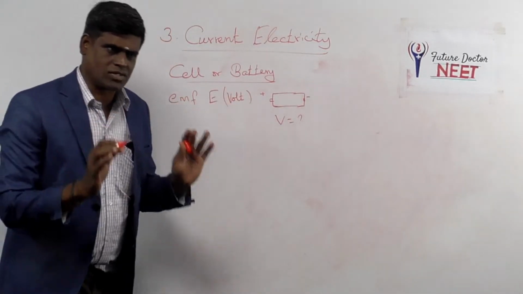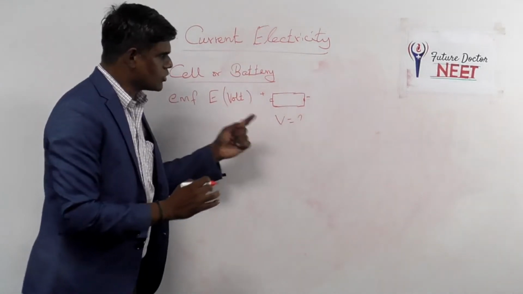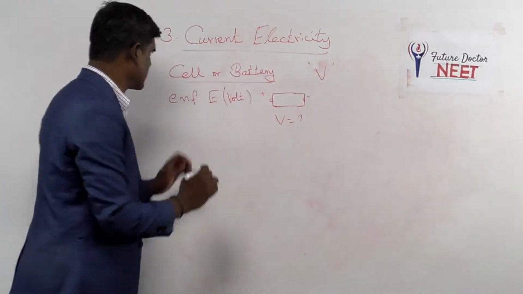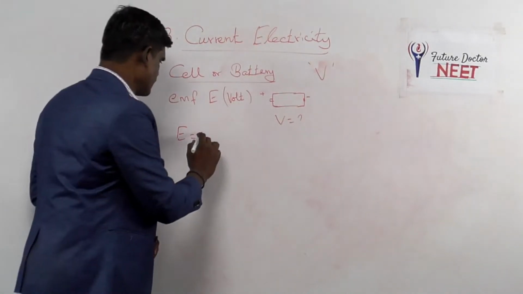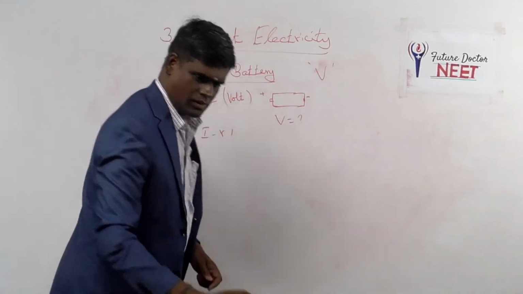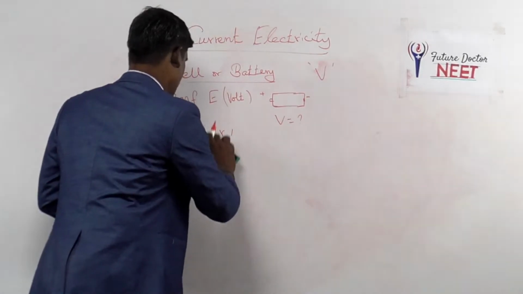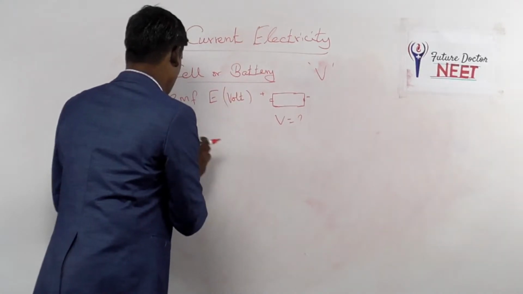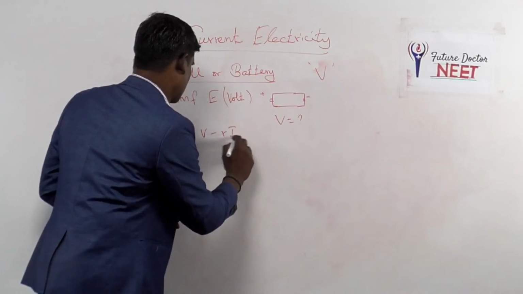EMF is measured in volt, and the symbol is E. Then we use potential difference V. What is the difference between potential difference and E? E equals V plus R I, so V equals E minus R I.